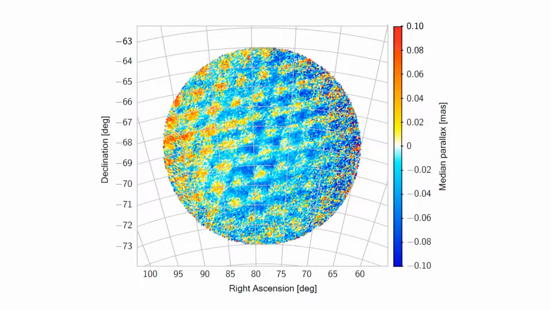The color code in this sky map shows the median parallax of the stars measured in small celestial patches, in very small pixels of this figure. This figure shows the area of the Large Magellanic Cloud.